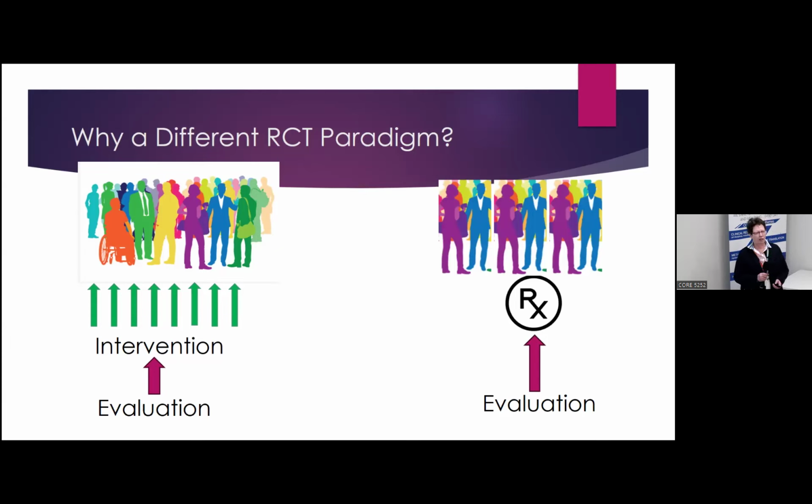And the complex intervention literature says it's not a binary, simple, complex. It is a bit of a continuum. But the standard clinical trial paradigm is I'm evaluating something, emphasis on evaluating the person, and I'm picking perfect people to evaluate the intervention. Rather than I'm trying to meet the needs of a complex situation, I need to design that intervention based on their needs. So it's a different model.